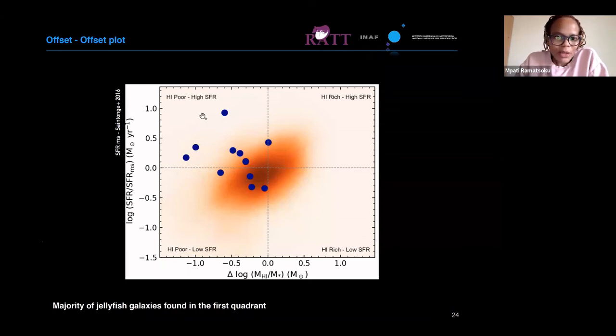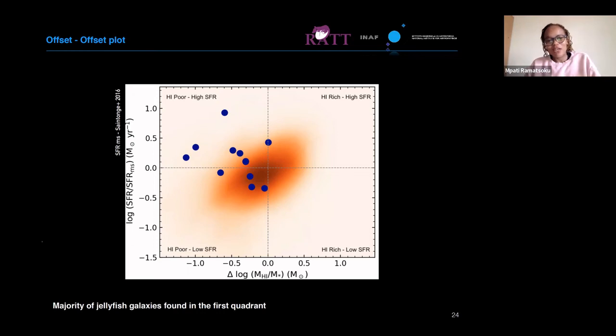So it would appear that indeed these jellyfish or long-tailed galaxies are H1 poor, but somehow have higher star formation rate, again, for the amount of H1 they have.